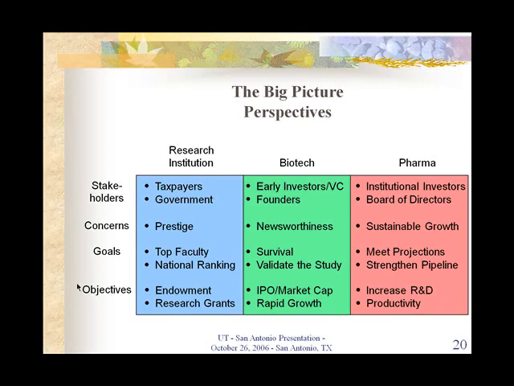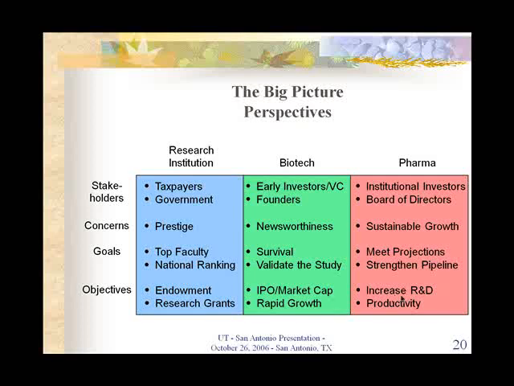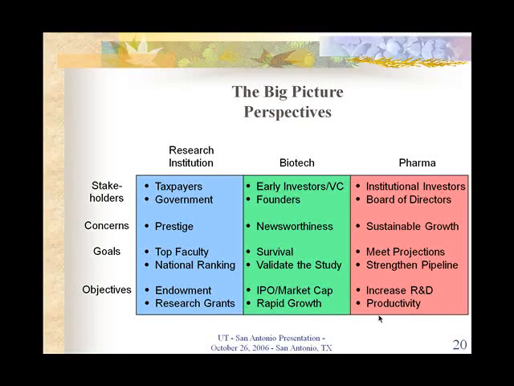The research institutions as objectives would seek endowments and research grants; the biotech, the IPO or market capitalization. IPO is the public trading opportunity to get to that level, and rapid growth. Pharma would increase their R&D and productivity.